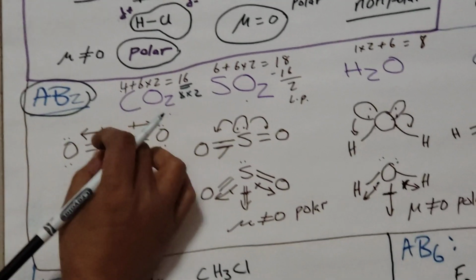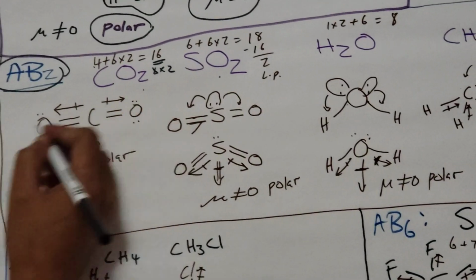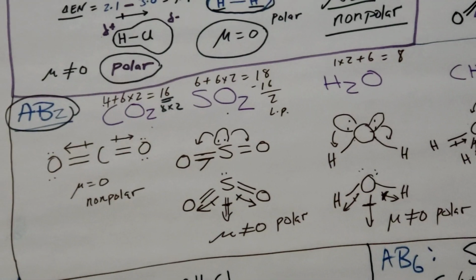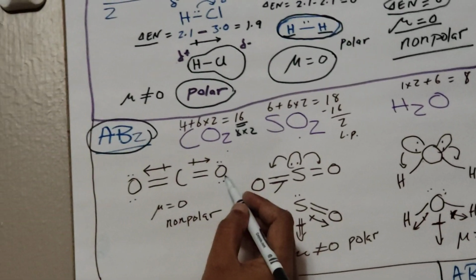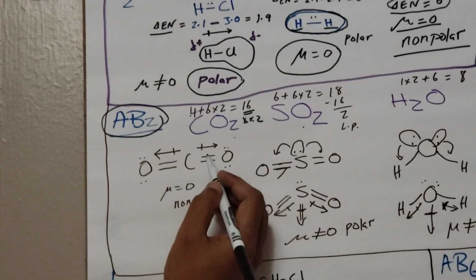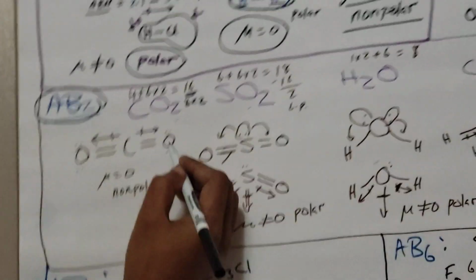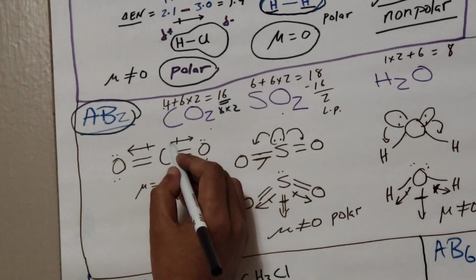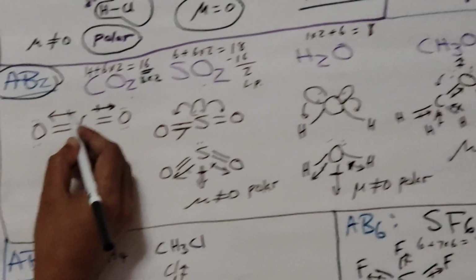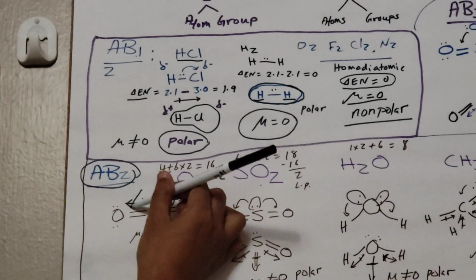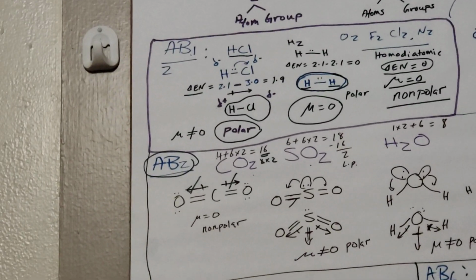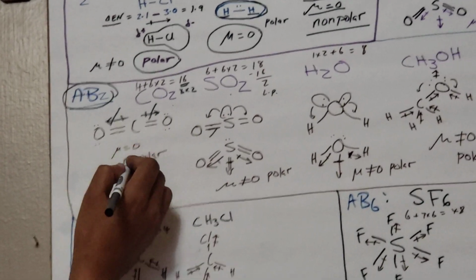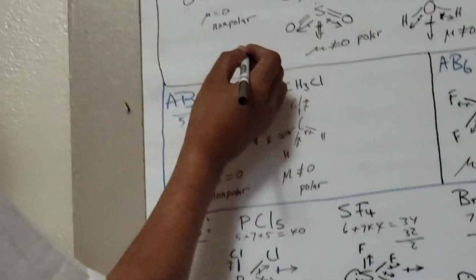Total 16 electrons, and oxygen is more electronegative than carbon, so oxygen will pull the bonding electrons towards itself from carbon. One dipole will go this way and another dipole will go the opposite way, and because of this they will cancel each other, right? The dipole moment will be zero. So zero dipole moment means it is non-polar.